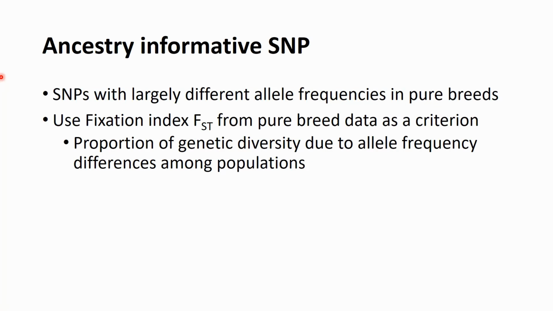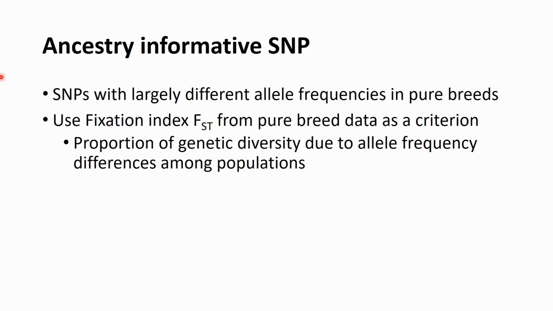Of course, there is a question: is there a better way to do this than selecting a random 1% of the SNPs? And the answer is yes. This is the situation when you consider very specific SNPs, selected based on the so-called ancestry information. What you can do to select these ancestry informative SNPs is compare the SNP frequencies between the purebreds.